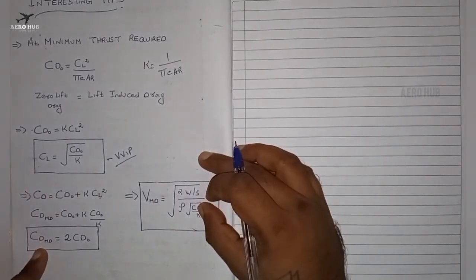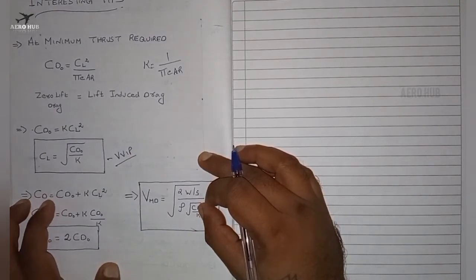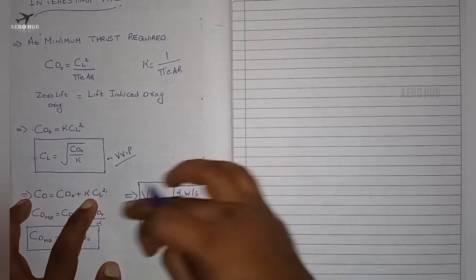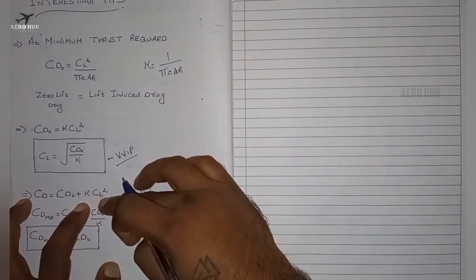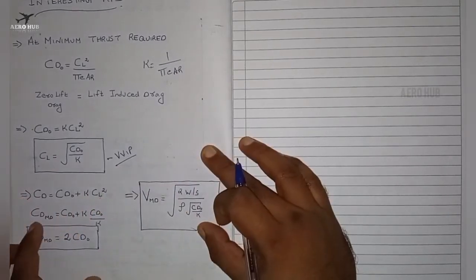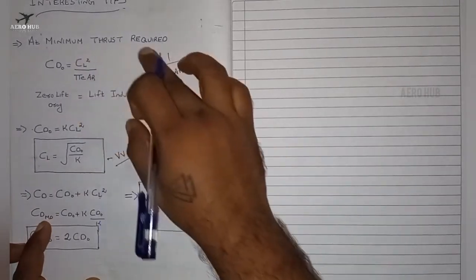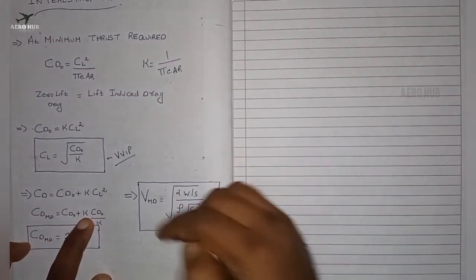This is a very VVIP, very important person. And one more important case, we have CD is equal to CD naught plus K CL square, and K CL square is nothing but CDI. Instead of CDI I am substituting K CL square. CD for minimum drag, that is for minimum thrust required, is equal to CD naught plus K into CL square.